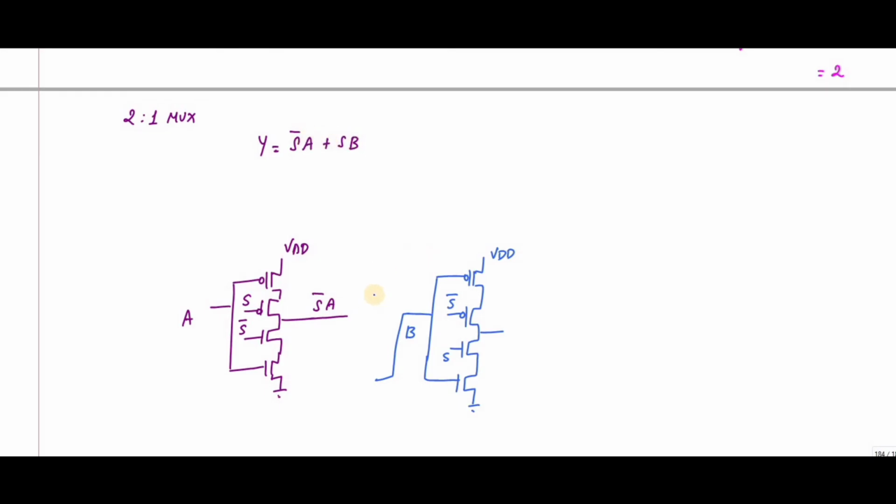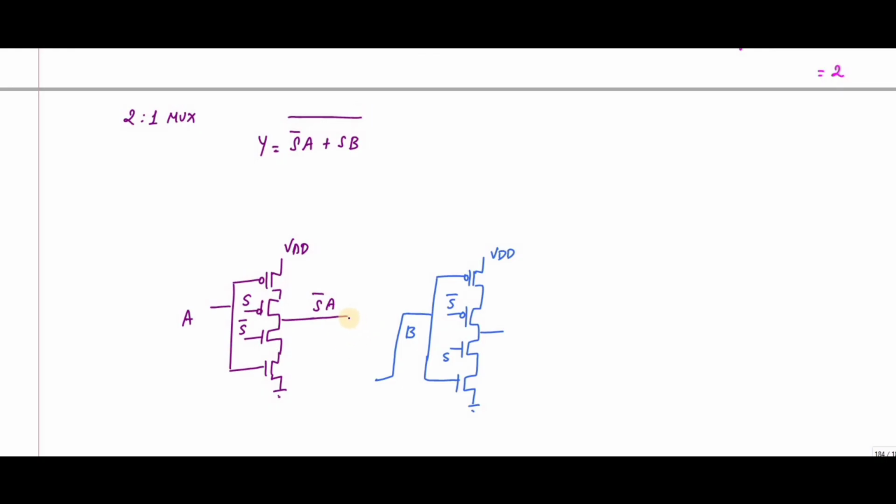I need to add these two values, right? I will get only the whole bar values. So if I want to plot this, that is y bar is equal to S bar A plus SB.